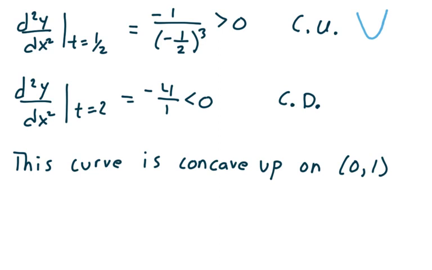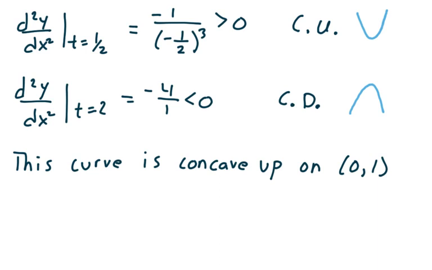And then the second derivative of y with respect to x evaluated at t equal 2 is negative 4, which is less than 0. And so that's concave down. And so this curve is concave up on the interval 0 to 1. And that's how this problem works.